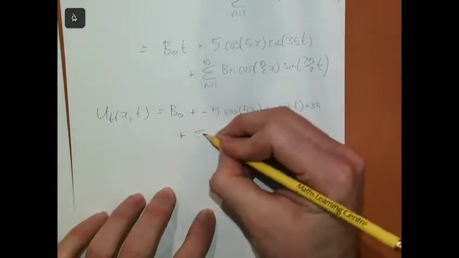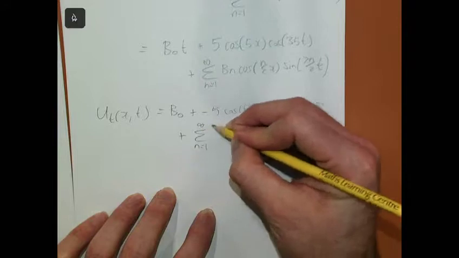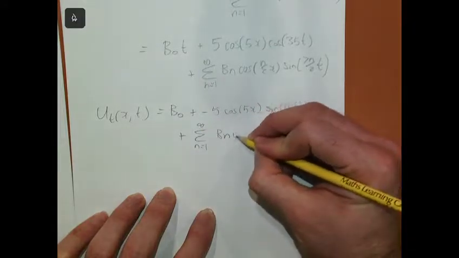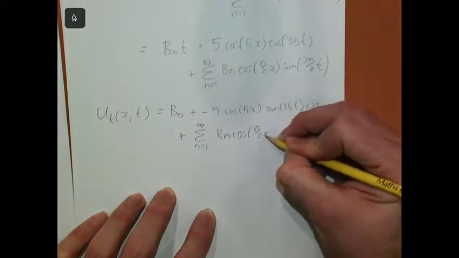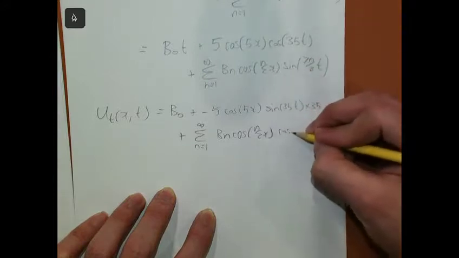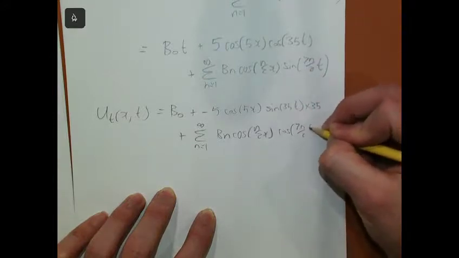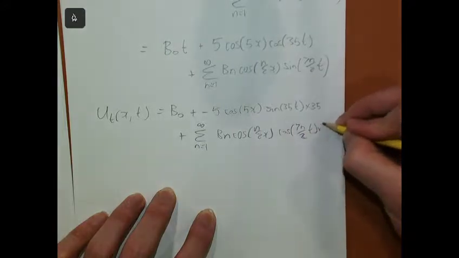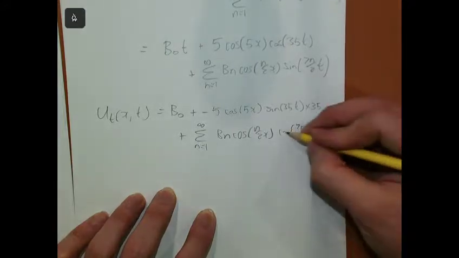And the derivative of this, the bn will still be there, the cos n on 2 x will still be there, the sine will become a cos, but because of the chain rule I have to times by the 7n on 2 that's next to the t there.